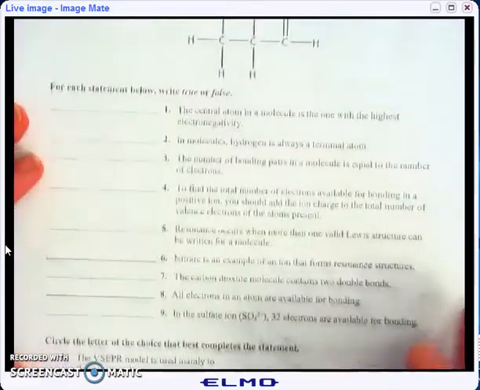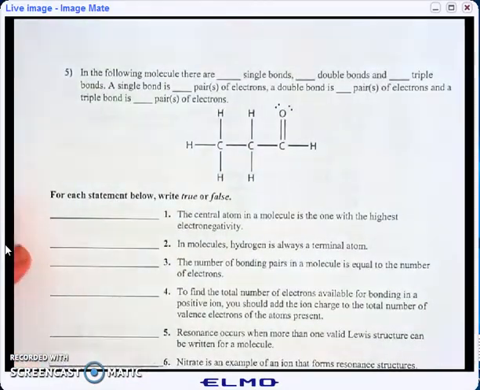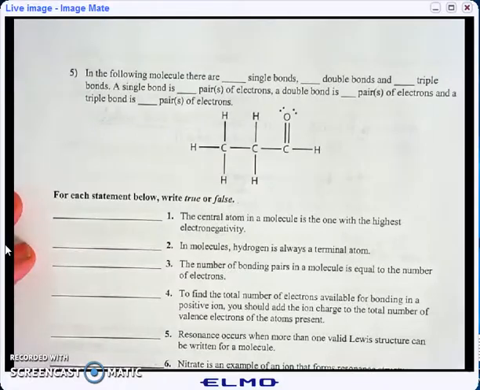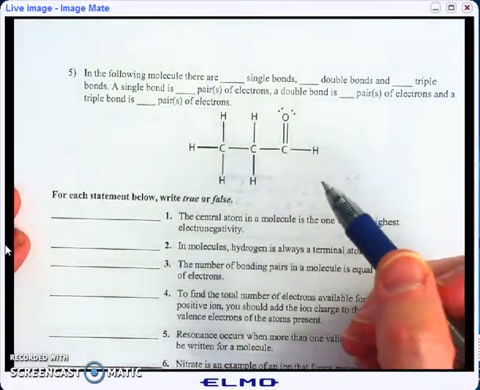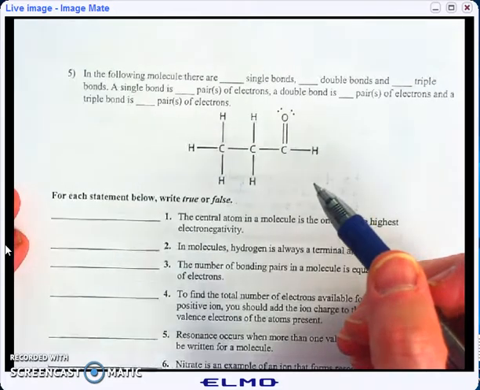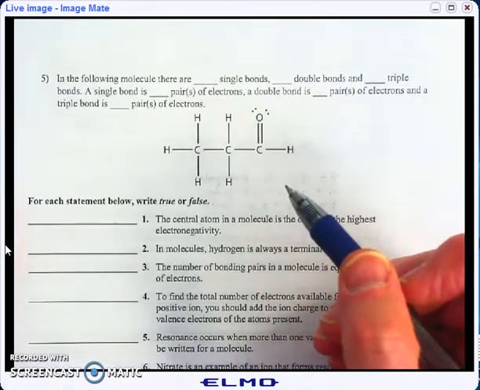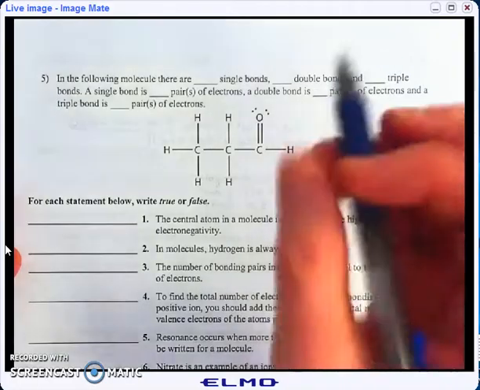Okay. And number 5, who's up? Try again.